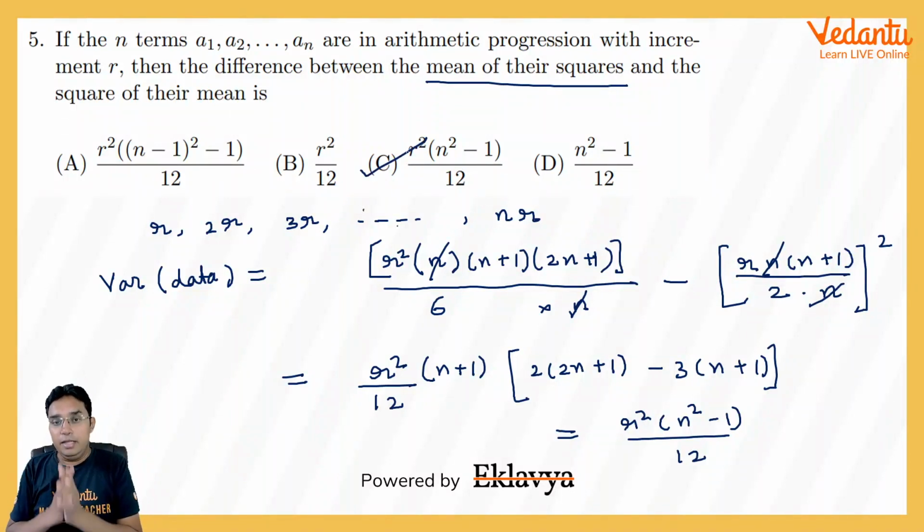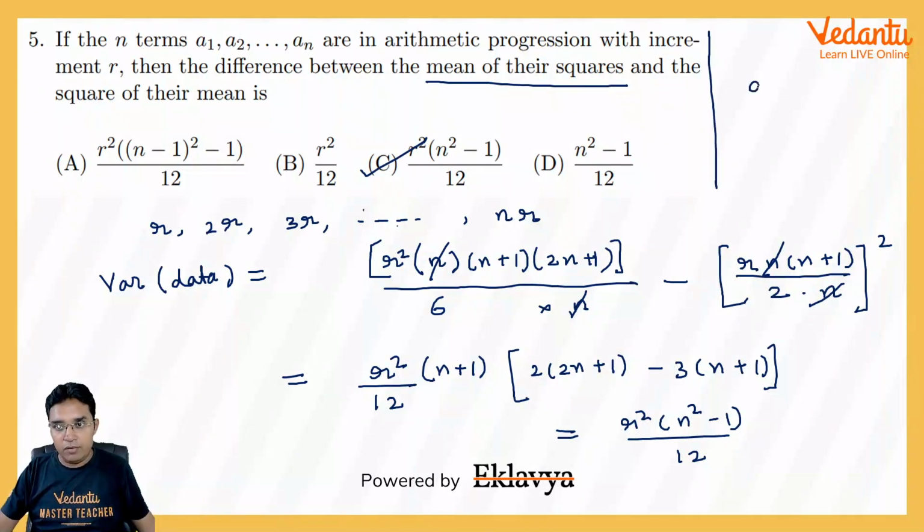This question could have been done directly without doing anything. Why am I saying so? Suppose I am having only one data A1, which means n is 1. Now if the only data is A1, the mean of squares and the square of means will be the same thing. So your value has to be 0, isn't it?